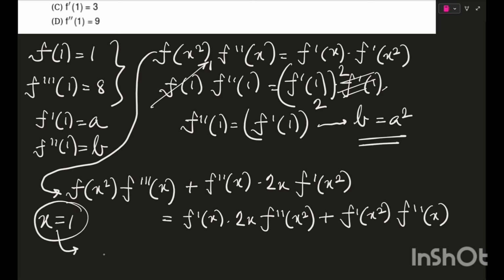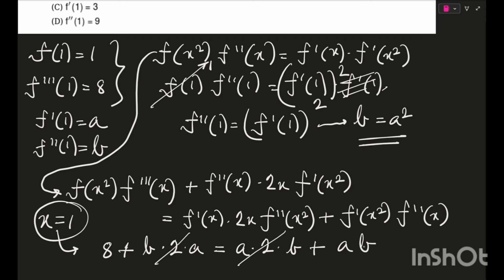F of 1 is 1, f triple dash 1 is 8, plus f double dash 1, which is b, into 2 into 1 means 2, f dash 1 again will be a, is equal to f dash 1, which is a, into 2 into f double dash 1, which is again b, plus f dash 1 which is a and f double dash 1 which is b. So this and this get completely cancelled, and from here we get ab equal to 8.